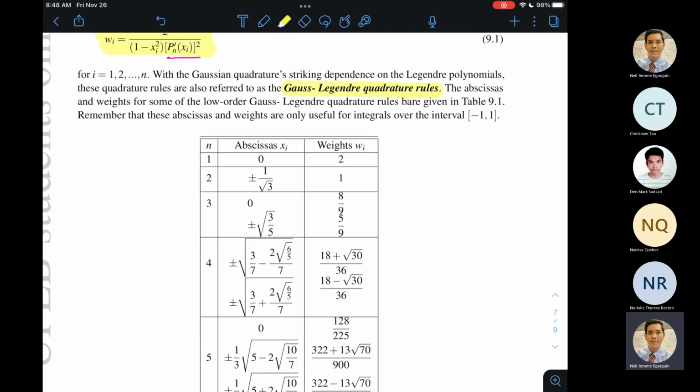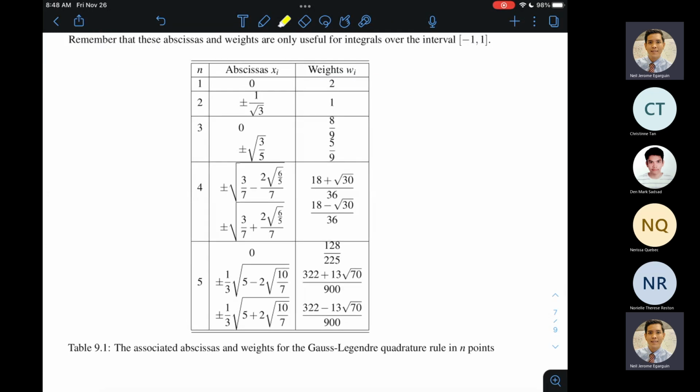Okay. Now, if you will be patient enough either to solve a large nonlinear system or to deal with high-order Legendre polynomials, you will be able to construct something similar to table 9.1. Okay? So pinapakita dito yung mga abscissas at saka mga weights for various Gauss Legendre quadrature rules. So if you want to use 3 points, so yung 3 points na yun will give us 2 times 3 minus 1.